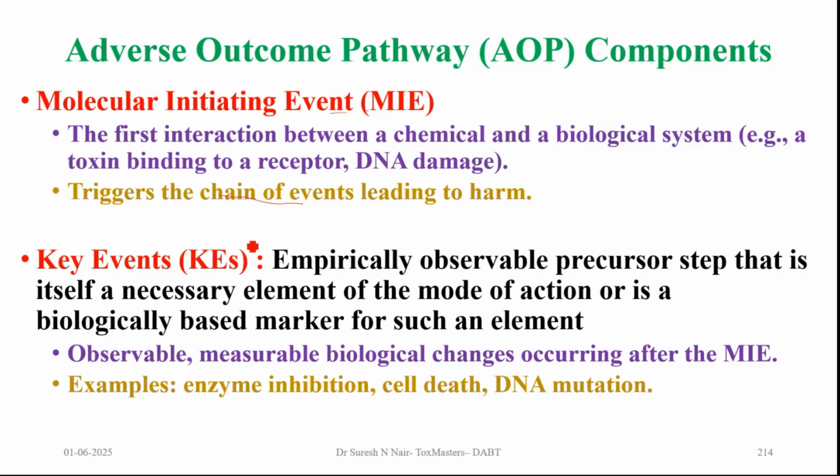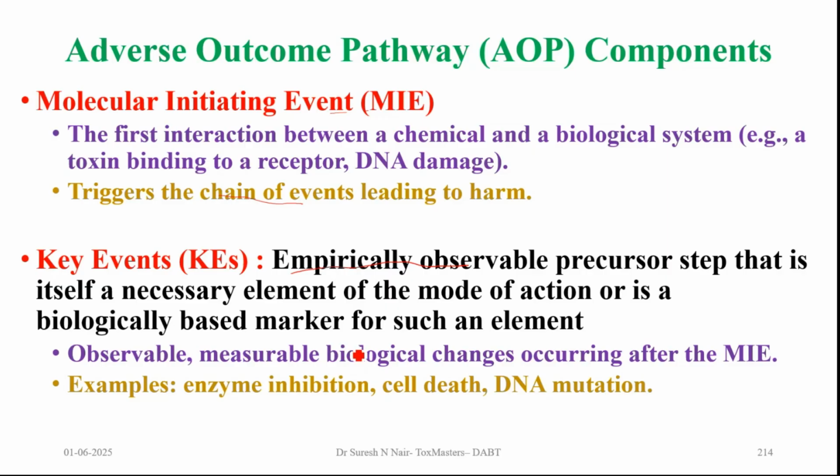Then key events. Key events develop from the molecular initiating event. They constitute those empirically observed precursor steps that are essential for, or a necessary element of, the mode of action, or a biologically based marker for such an element. That means the observable, measurable biological changes occurring after the MIE. When an MIE is there, what are the observable effects?